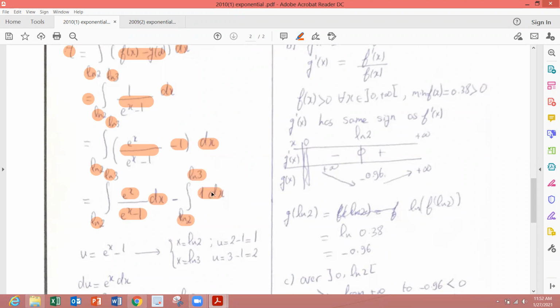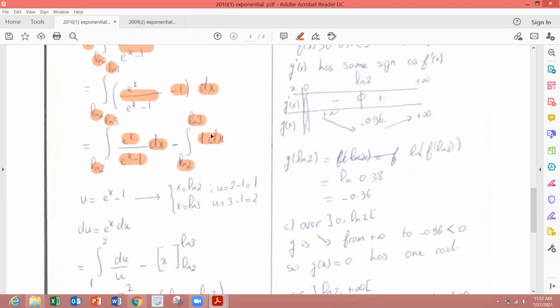The second part is easy to calculate its integral. The first part, we use the method of substitution. I take u equal e^x minus 1, du equals e^x dx.